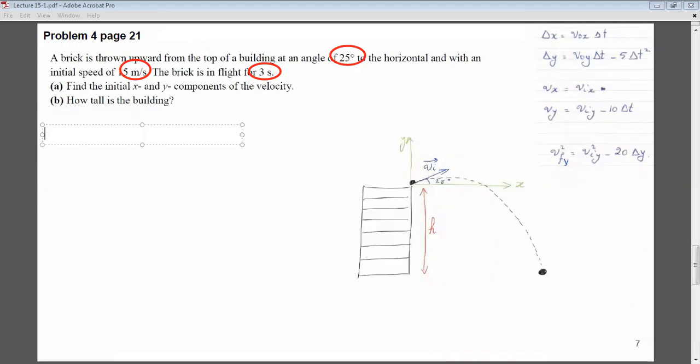So this is part A. V initial x is equal to V initial cosine theta. You should have memorized it by now. This is equal to 15 times cosine 25, and this is equal to 13.6 meters per second.